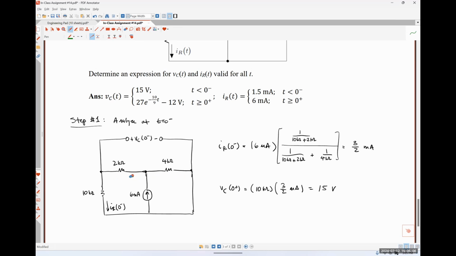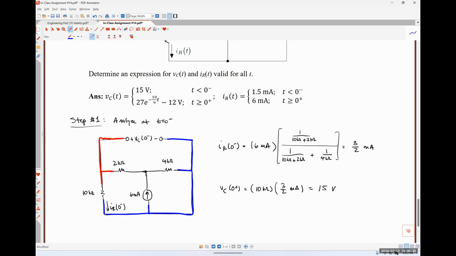So if we identify our nodes here, so here's one node. And here's another node here on bottom, and then we've got the node in the middle, but that doesn't really matter.